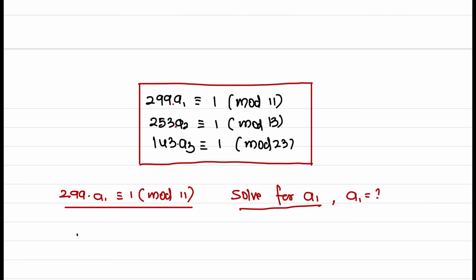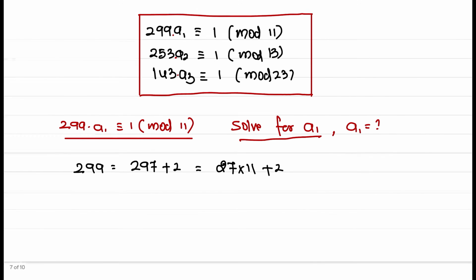Now you just see, 299 is equal to 297 plus 2. Do you agree? 297 is nothing but 27 into 11, plus 2.